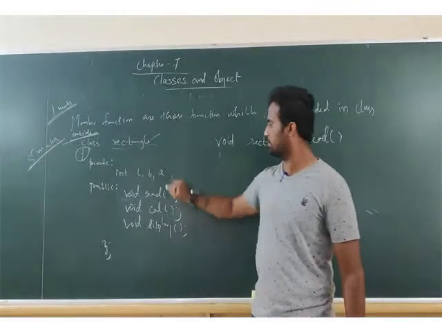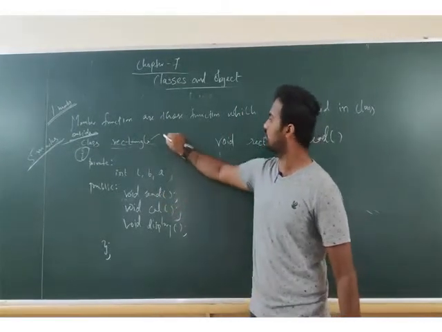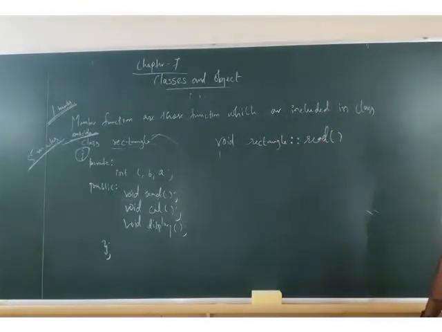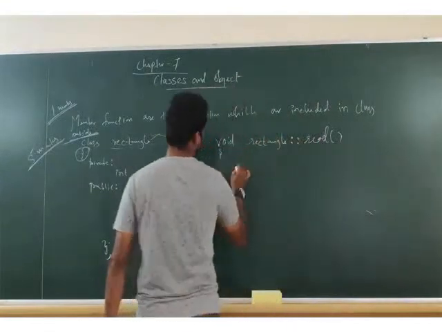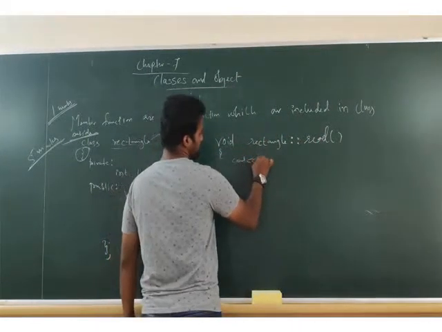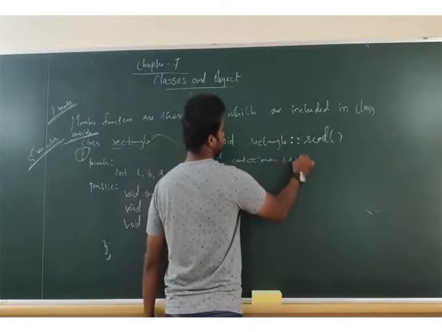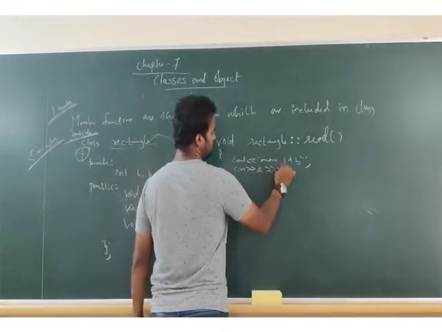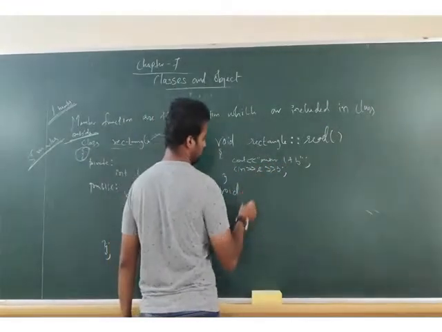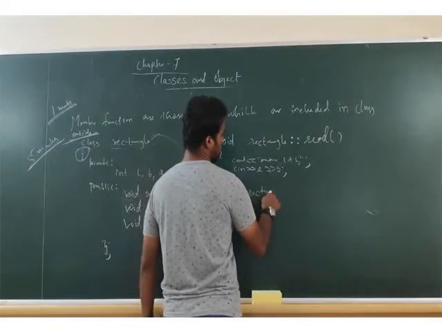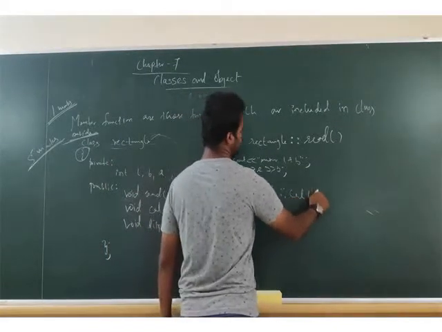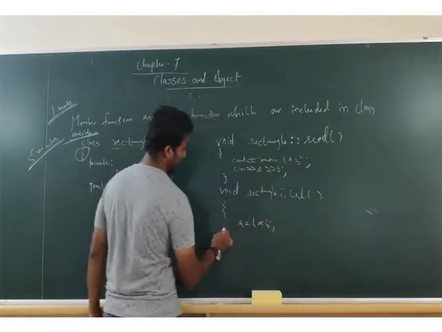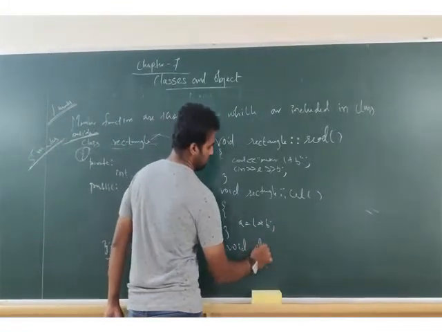Void rectangle, scope resolution operator, read. Now these two are joined by using the scope resolution. Again the same: cout, enter L and B, length and breadth, cin L, B. Void rectangle again, calculate: area is equal to L into B. Void display.